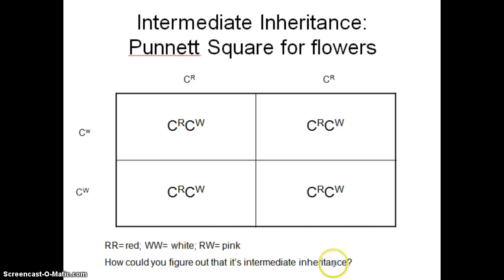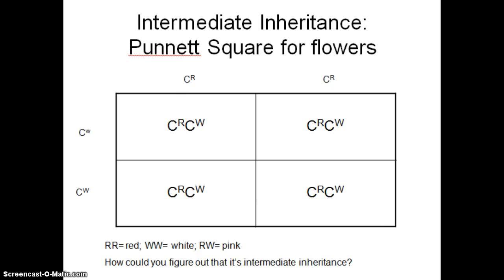So how would we figure out the inheritance pattern? Well, if you look at the parents and the offspring doesn't look anything like either one, it is something in between, we would know that it would be an intermediate or incomplete dominant. So here all of the offspring would be pink.